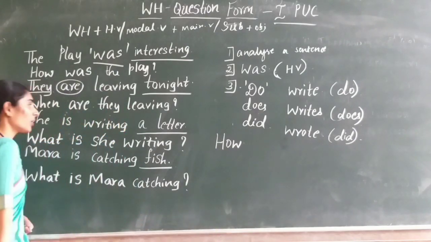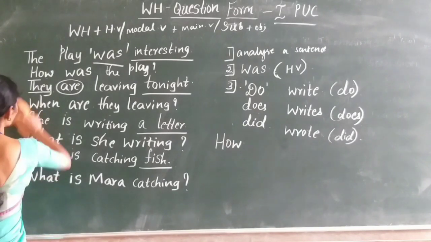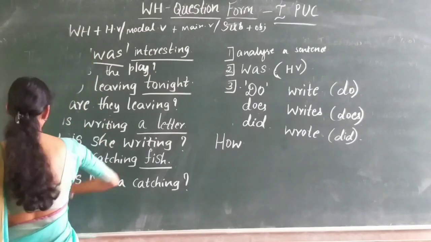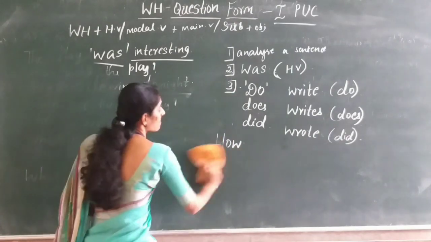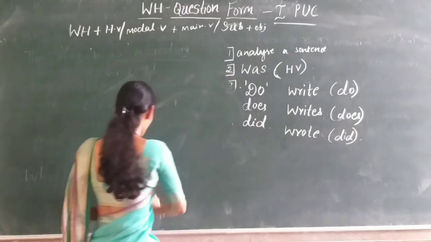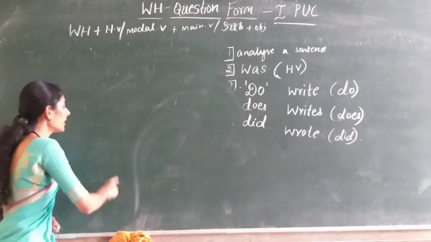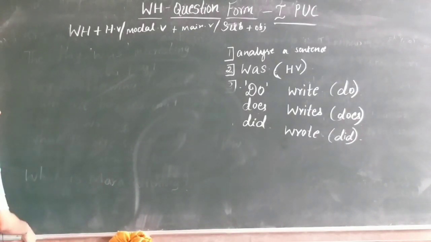So now let's look at a sentence without any helping verb. In all these sentences we had helping verbs. So now let's write some sentences which do not have helping verbs.